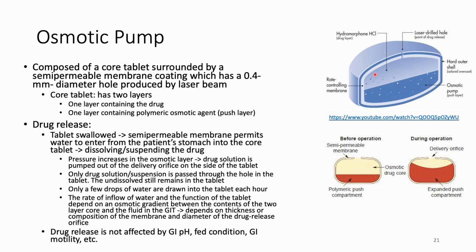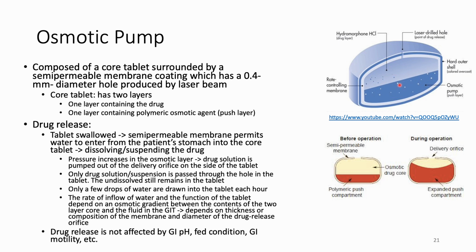So again, after the tablet is swallowed, the drug will be disintegrated, and with the influence of the body fluid, the semi-permeable membrane will allow the water to enter from the patient's stomach into the core tablet. When the water enters the core tablet, it will dissolve or suspend the drug inside. As the volume gets more and more, the volume in the core tablet increases, and the pressure increases too.